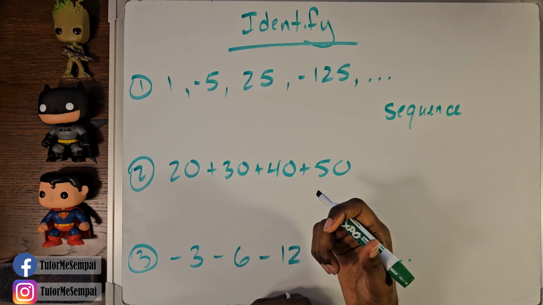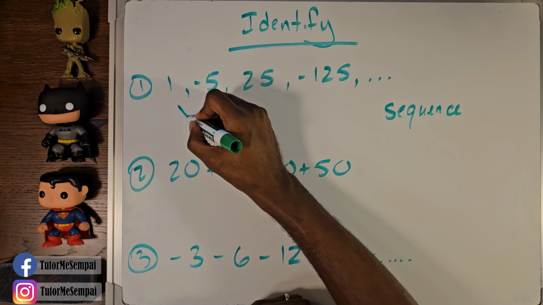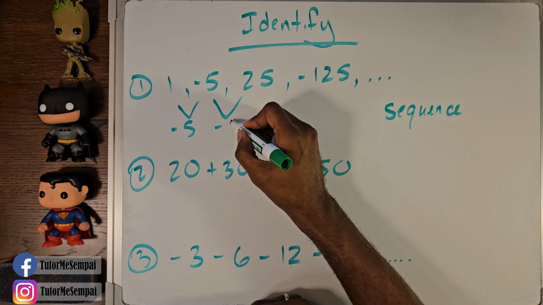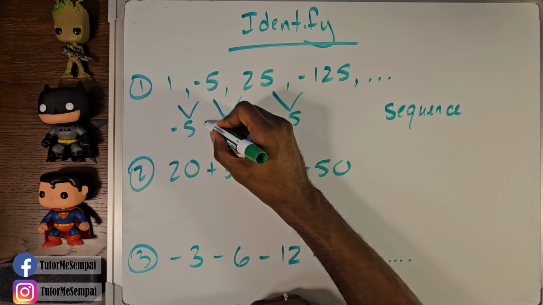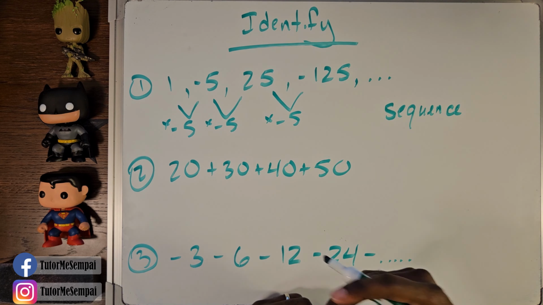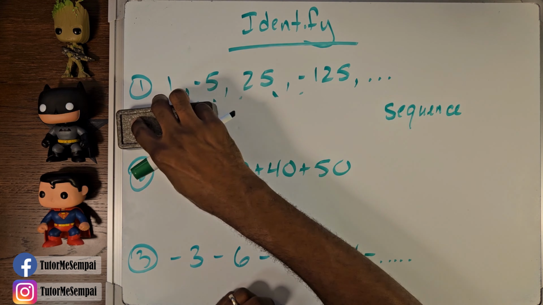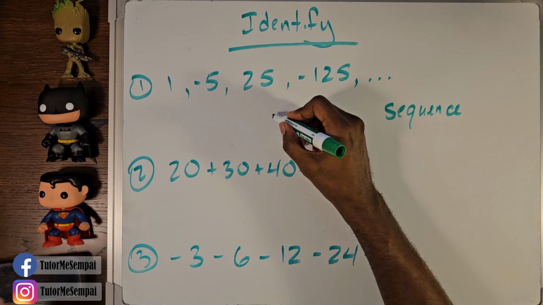Well, this is going to be geometric. You're not adding the same thing. You're actually multiplying this by -5. Multiplying by -5. So you notice that your common ratio is going to be -5 here. So we have a geometric sequence.